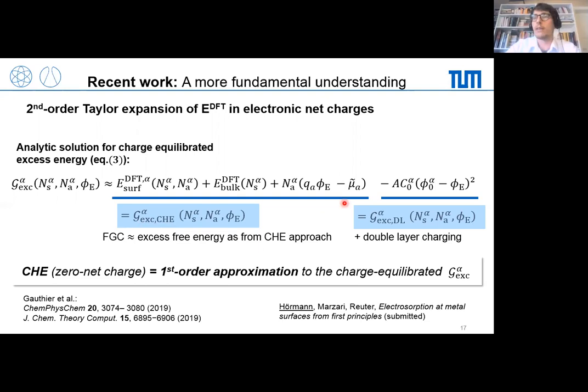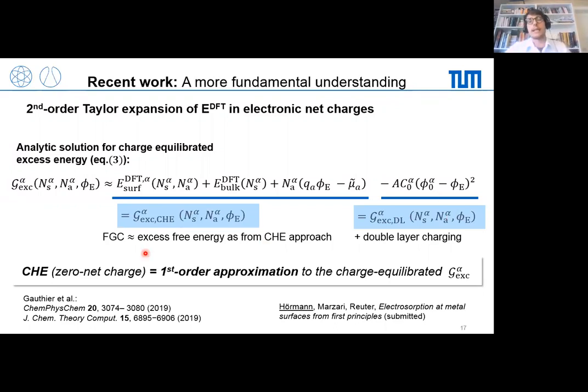And then you have higher order terms, and the first non-vanishing higher order term is quadratic in the potential, and it corresponds identically to the energy contribution due to the charging of a plate capacitor. This is double layer charging under the assumption that your interfacial capacitance is potential independent.